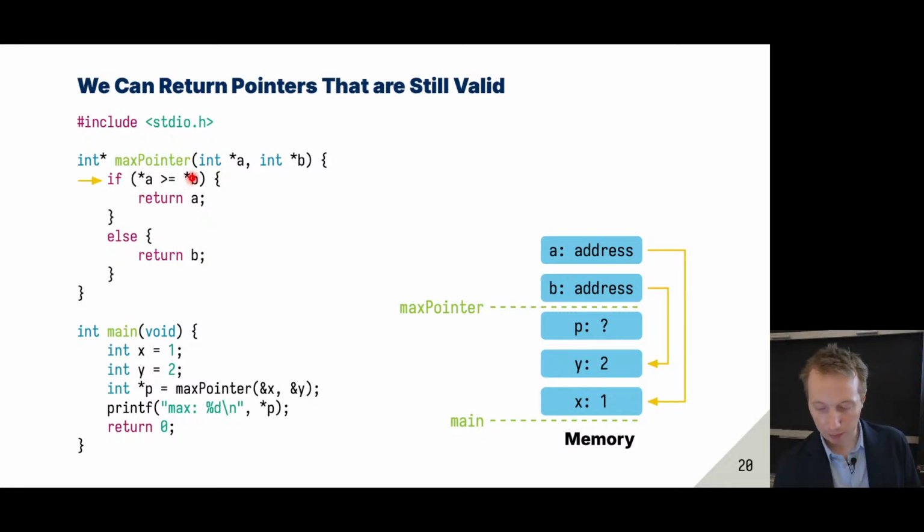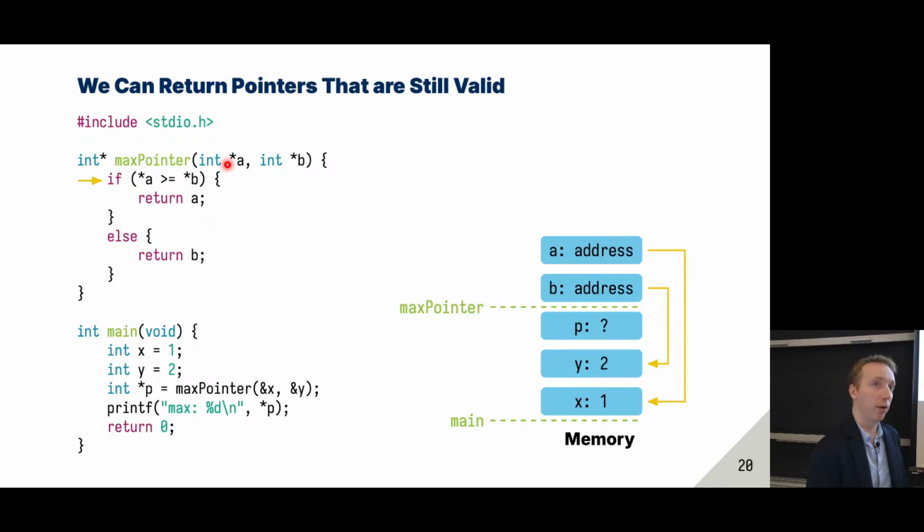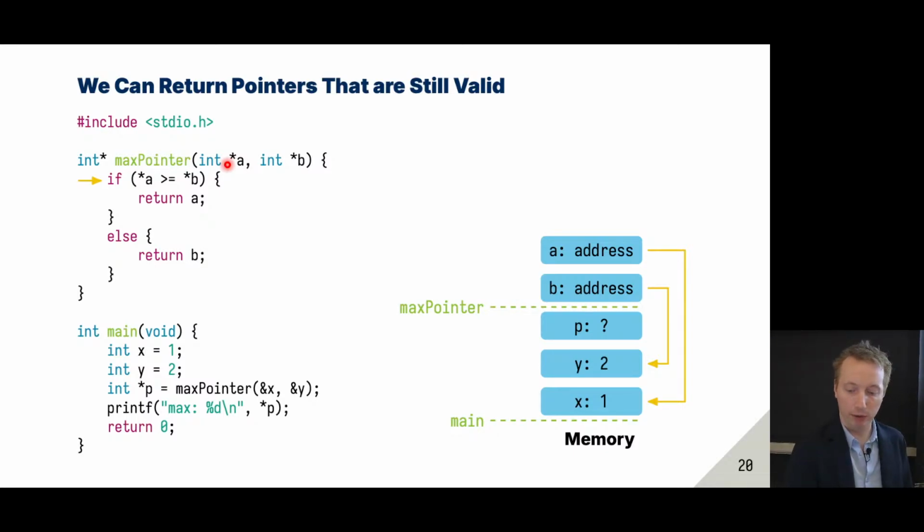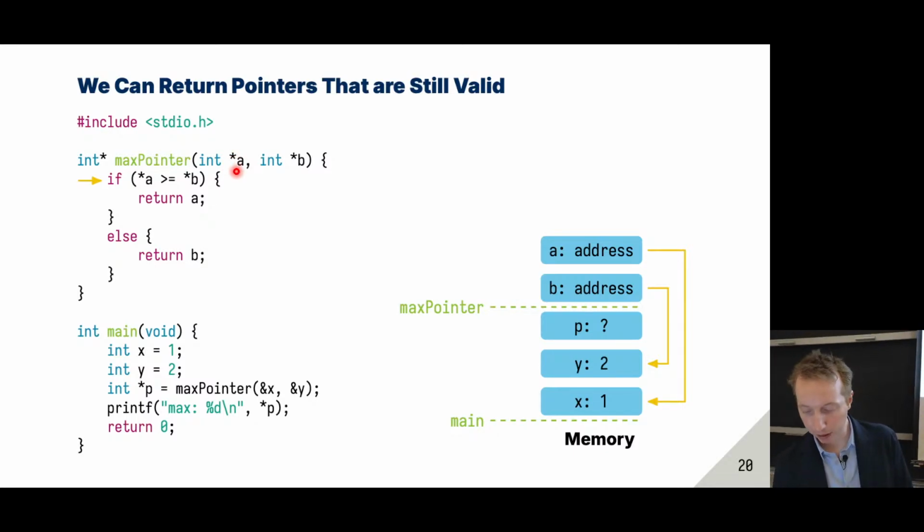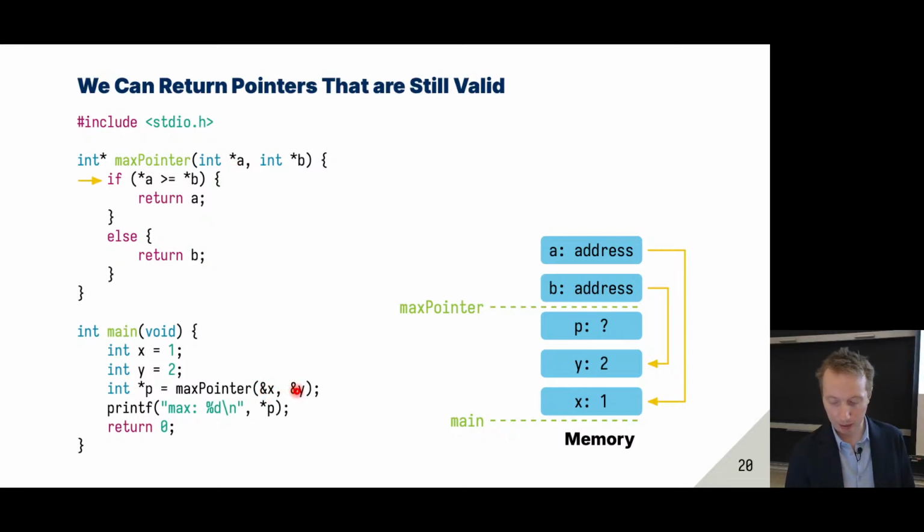So max pointer will get its own variables, and the initial value will be a copy of the address of x and a copy of the address of y. So in max pointer, A points to x and B points to y.